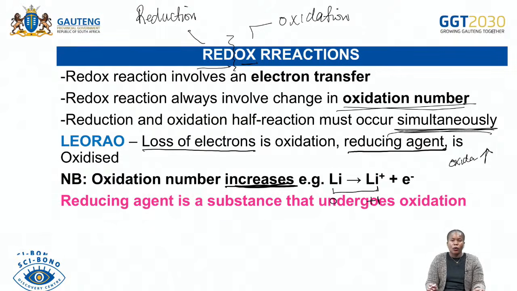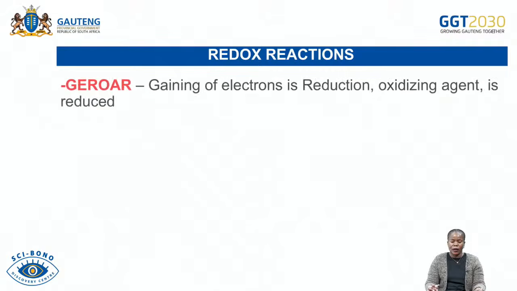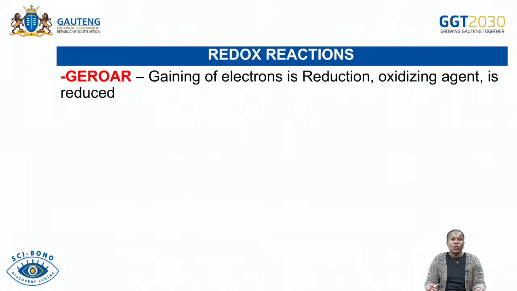Then we had mentioned that a substance that undergoes oxidation is a reducing agent. What is a reducing agent? You ask yourself. It is a substance that undergoes oxidation. Then we look at the next one. This is an abbreviation, GER. Gaining of electrons is reduction.